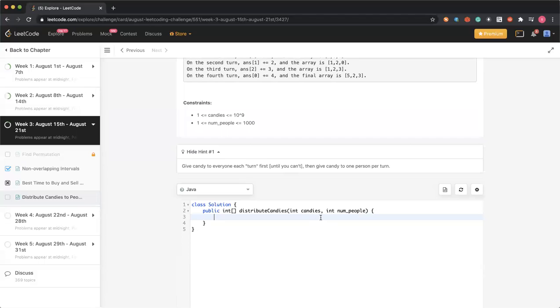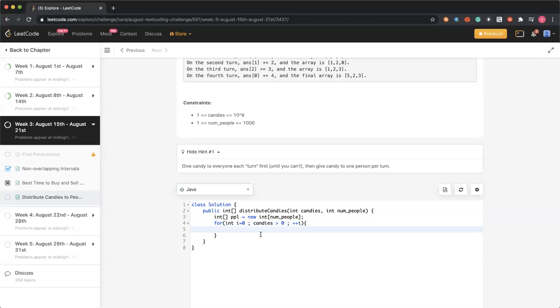Now let's solve it in a simple way. This was the optimized solution, so let's see how we can do this. This is the array that denotes the people: new int of number of people. Then a for loop, for int i equal to 0, with i plus plus.